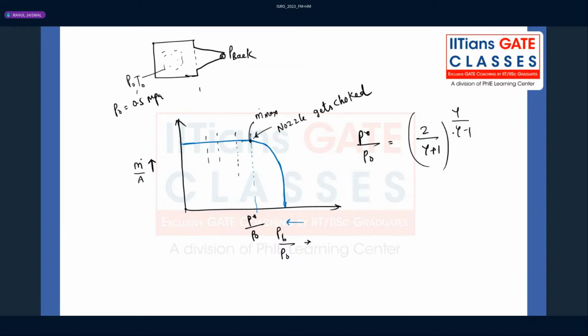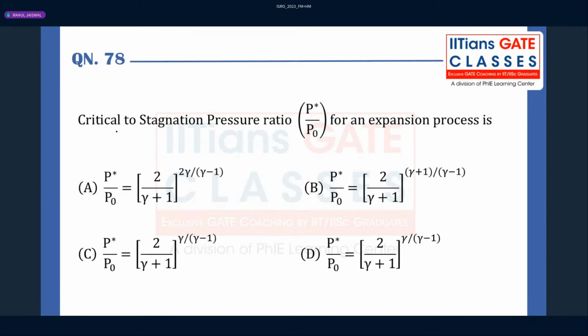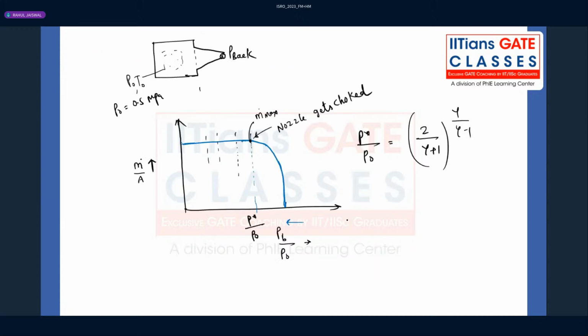Not only have they asked this particular question, they also ask the next question on the critical to stagnation pressure ratio, and they ask the formula also. So again the answer must be C. Overall they ask for 6 marks, right?